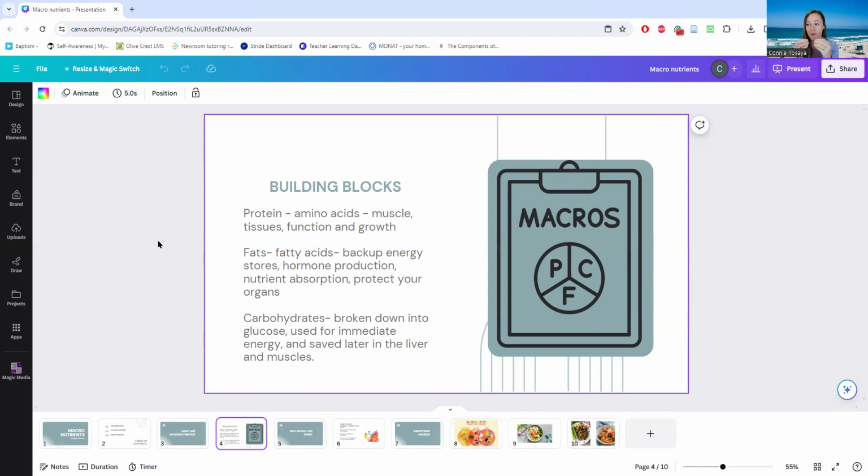And then now they are those individual Legos again that we can piece back together, and that forms muscle tissue and provides function and growth in our bodies.